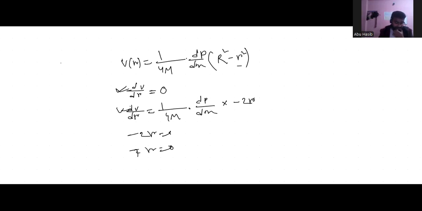So we can say that the maximum velocity occurs at the center of the pipe. Okay, thank you.